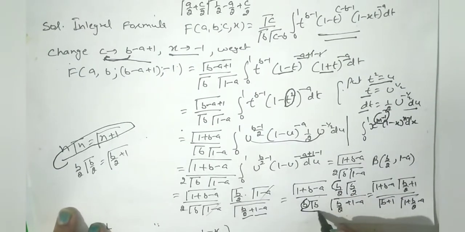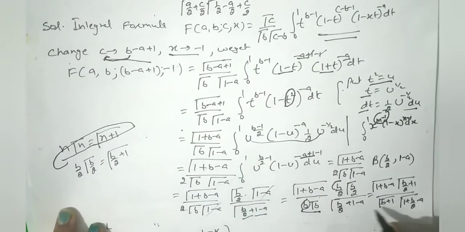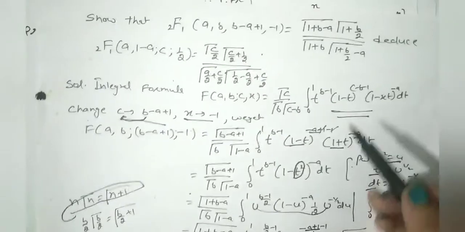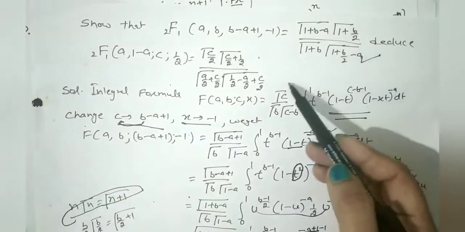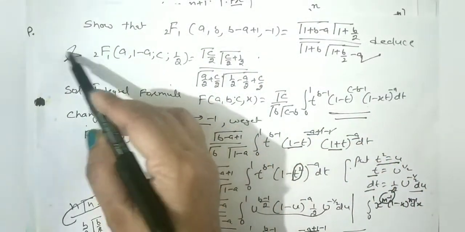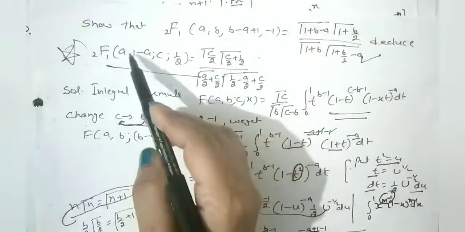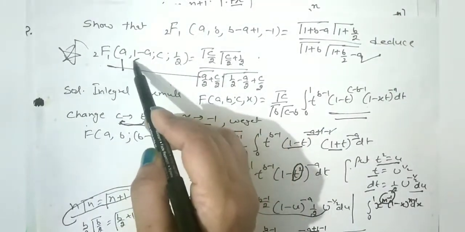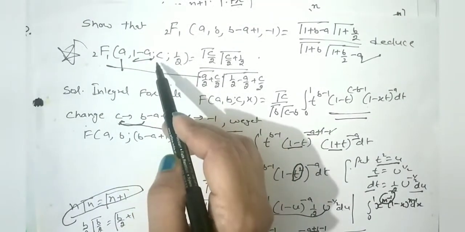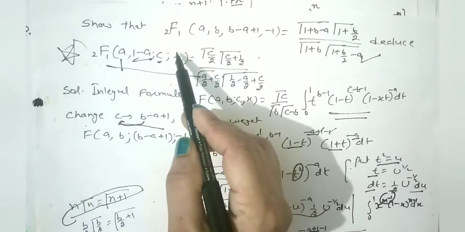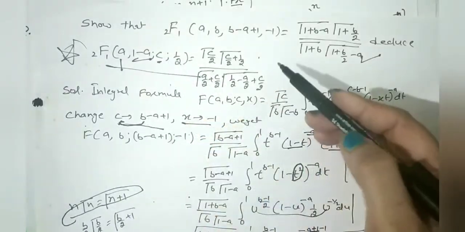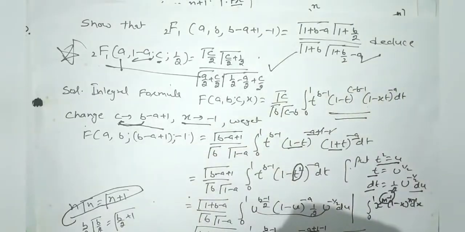Similarly here, b into gamma of b is gamma of b plus 1, and that is what we need to prove in the first expression. Now I want you to solve the other part. In the same way, a is a, replace b by 1 minus a, and c is same here, and x is 1 by 2, and solve this and express this in terms of the gamma function.